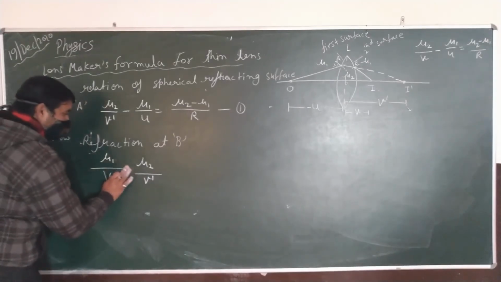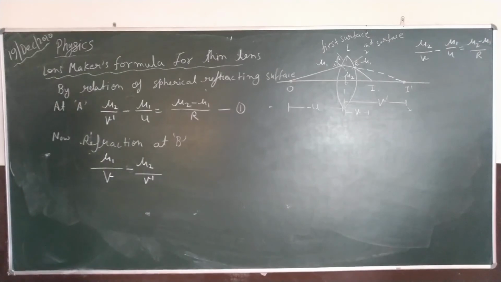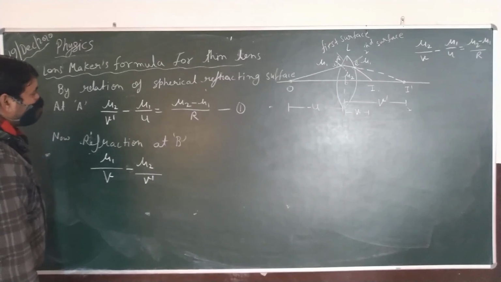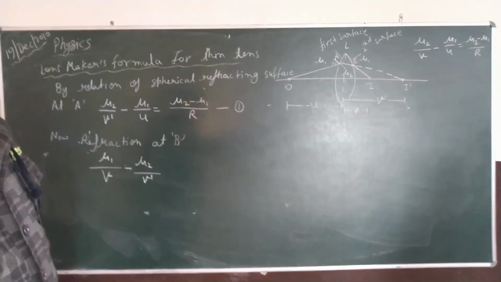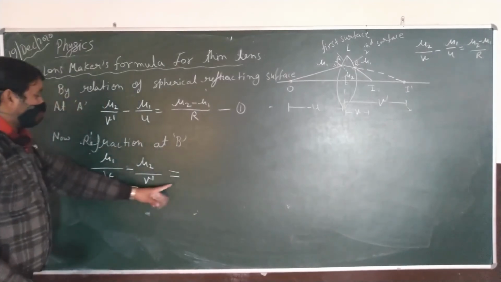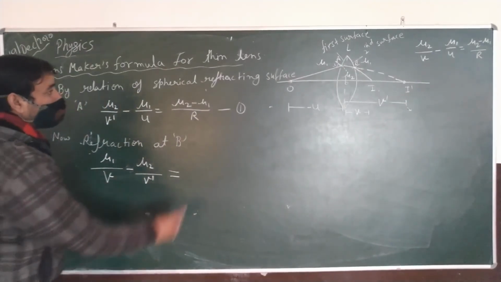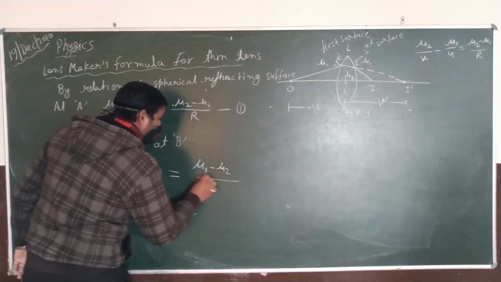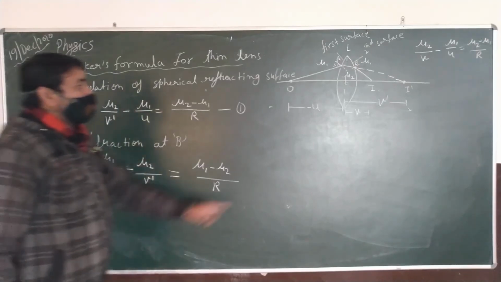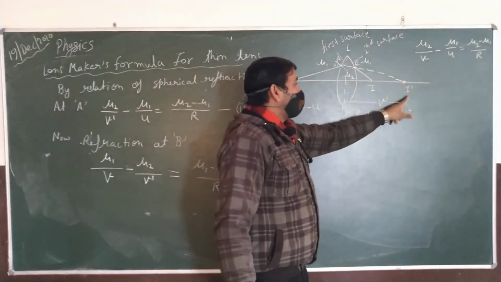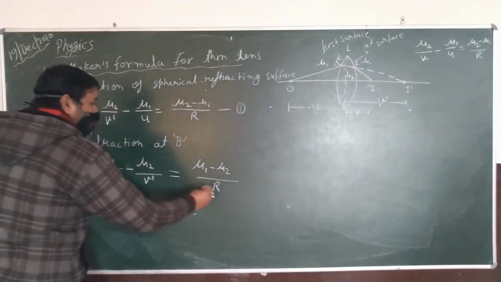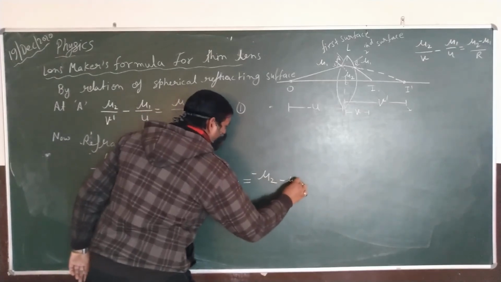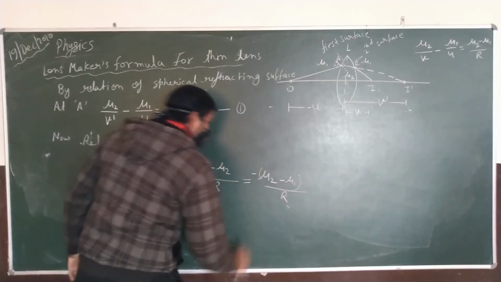Okay, this is negative. And it is equal to mu1 minus mu2 upon R, because the object and image are on the same side. Okay, by taking common we get minus mu2 minus mu1 upon R. Clear?